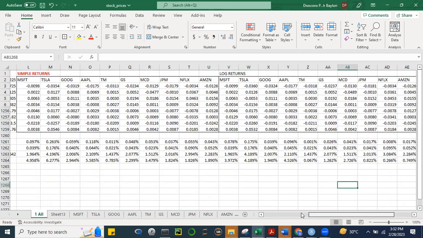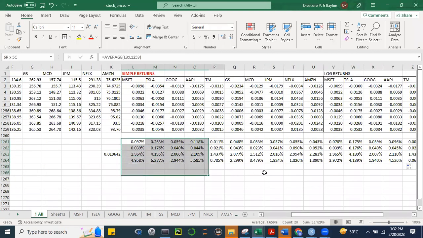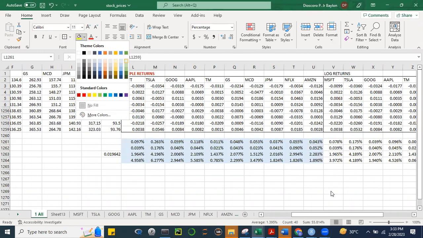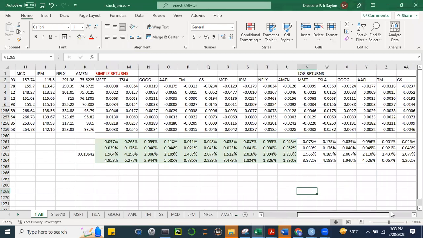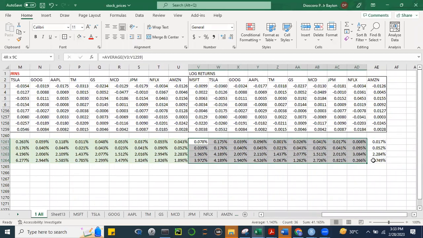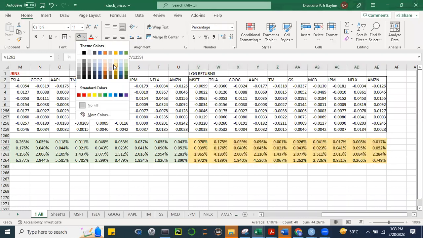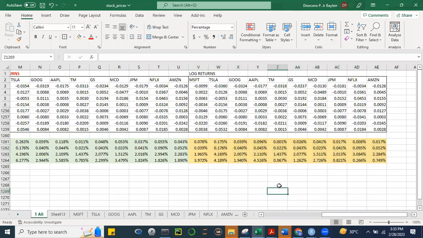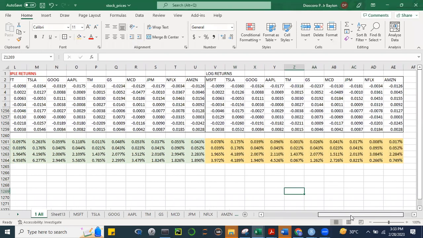All right, so that's your Sharpe ratio. Let me just color code this a bit so that we can see where is your log returns, based on log returns and based on the simple returns. This is based on the log returns.